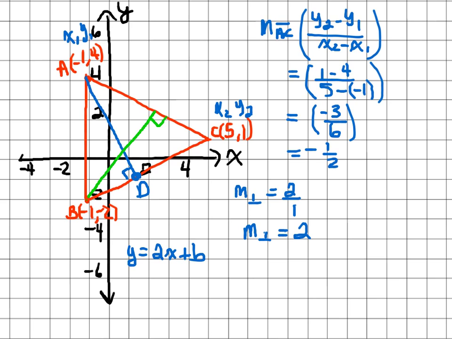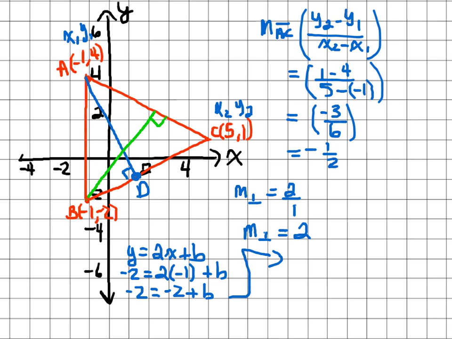I do not know what my y-intercept is, so I will substitute in -1, -2. So -2 equals 2 times -1 plus b. -2 equals -2 plus b.